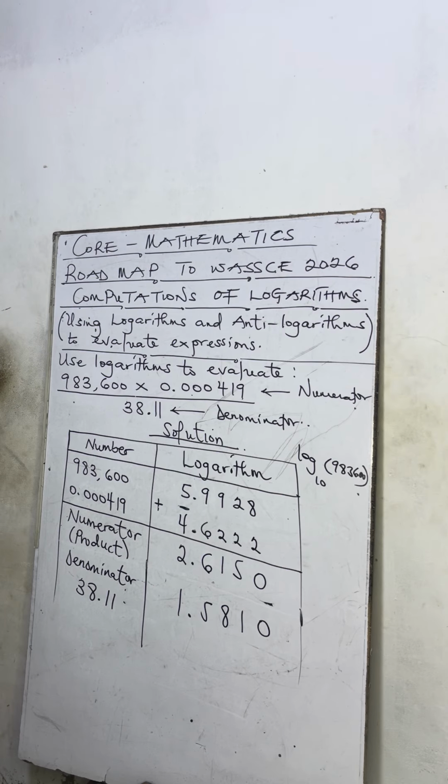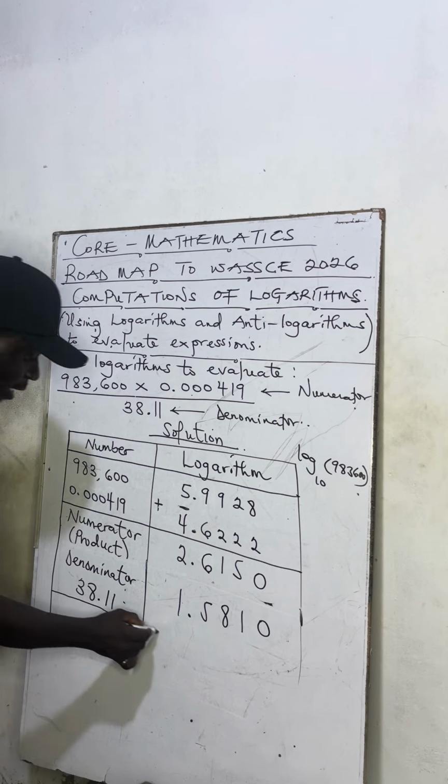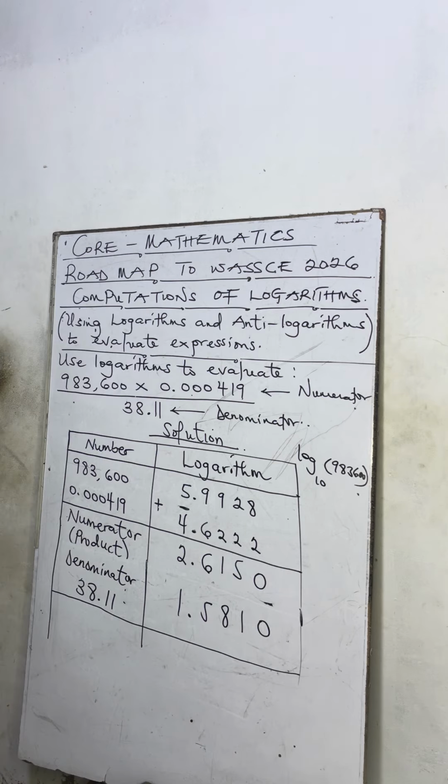So we have this. All right. Very simple. We have the denominator, we have the numerator. So now I can bring my thing here.